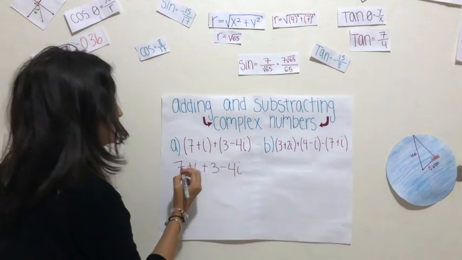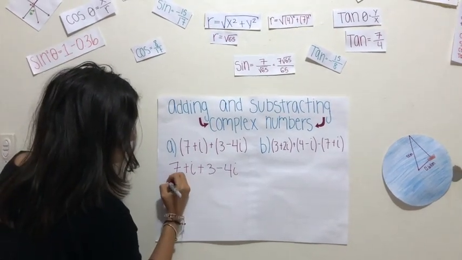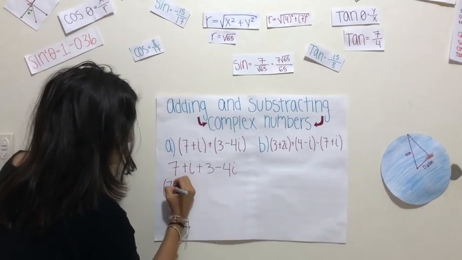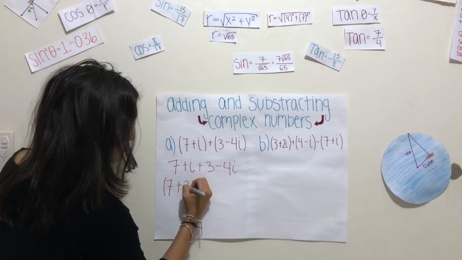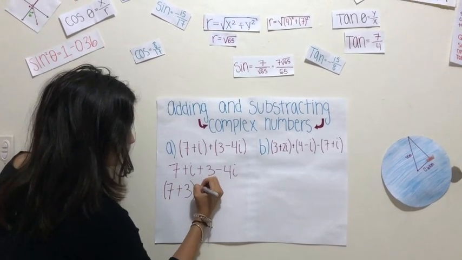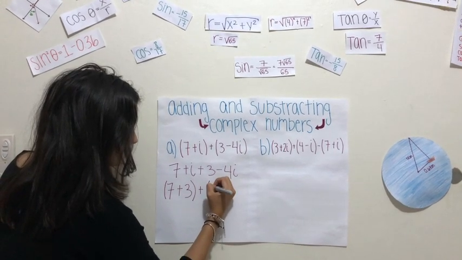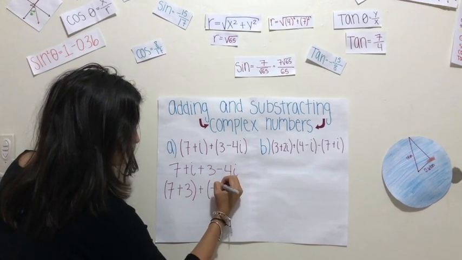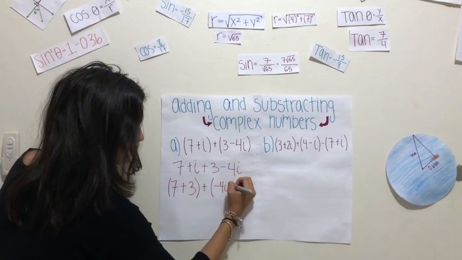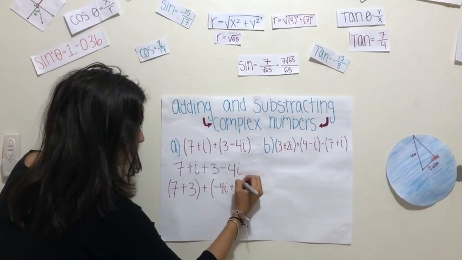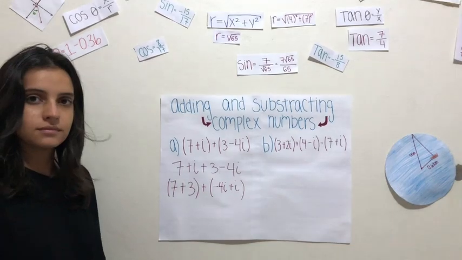Then you group like terms. So the 7 and the 3 go together, and the -4i and the i go together as well.